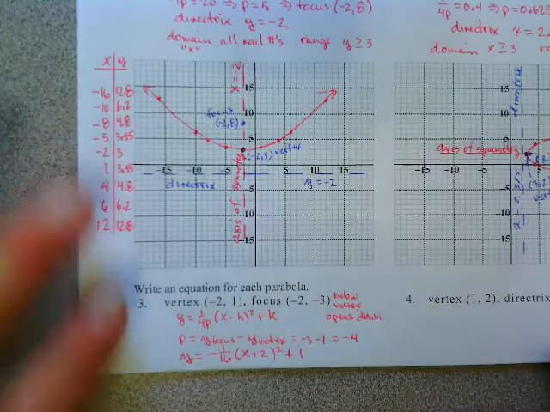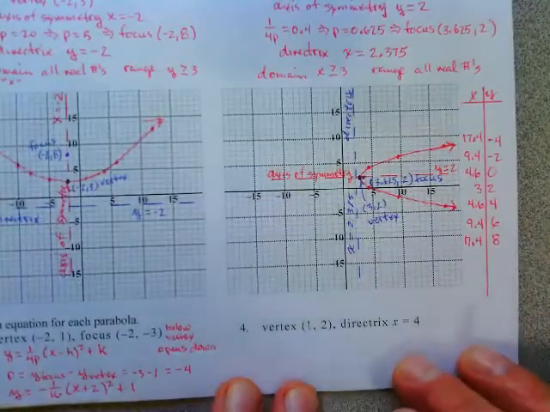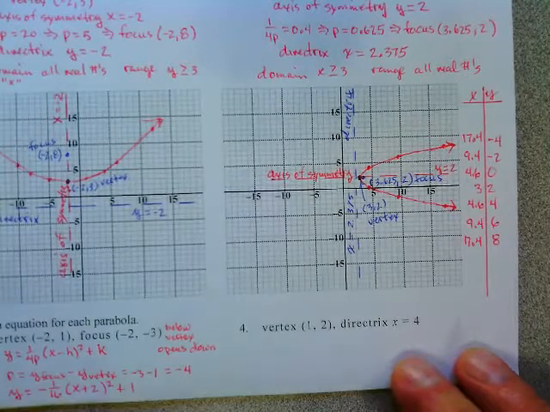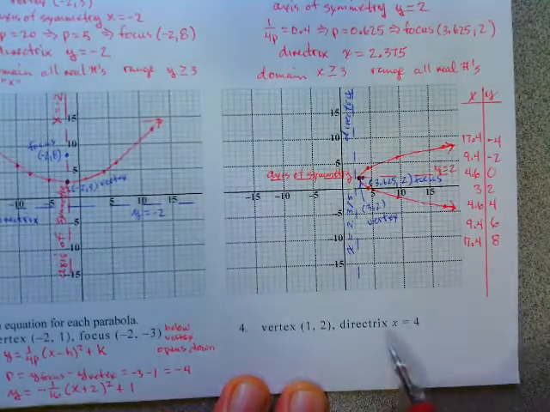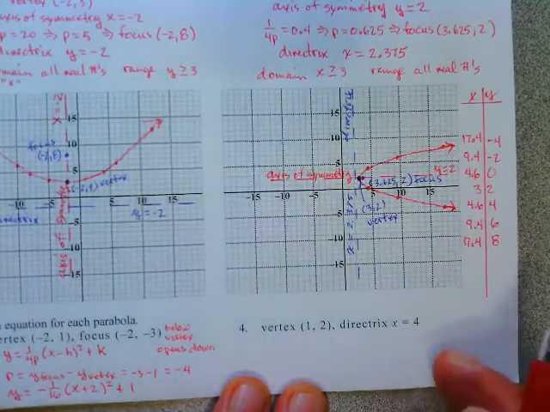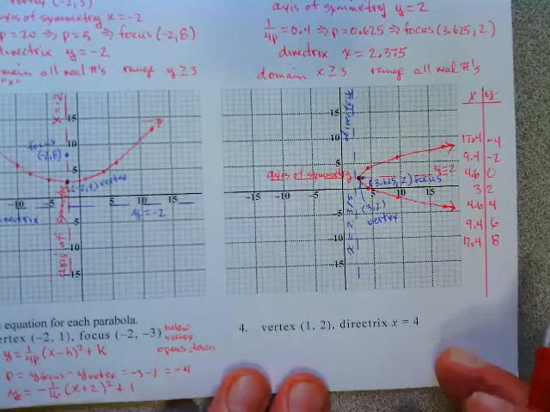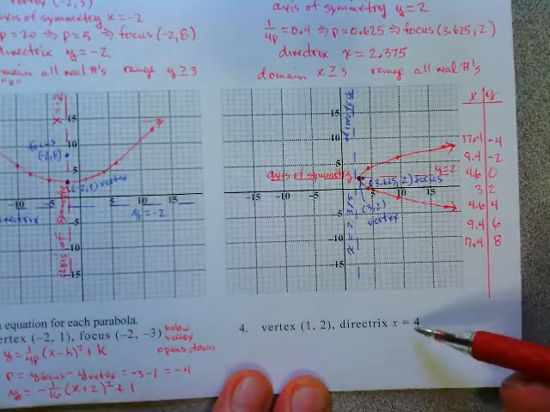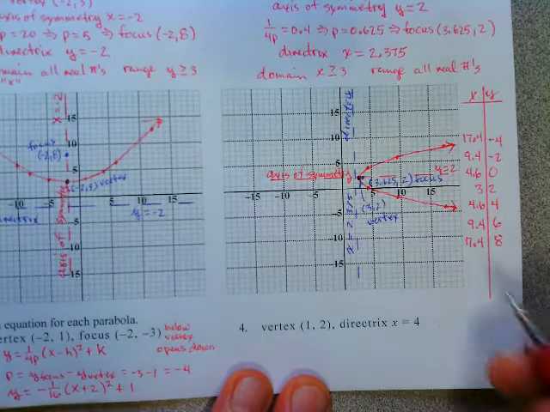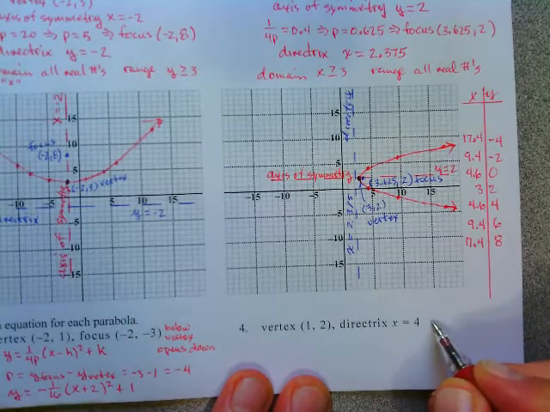All right, one last case here. We have the vertex at 1, 2 and the directrix is at x equals 4. Now note that since they've told me this is the directrix, then I know that this one is going to open.